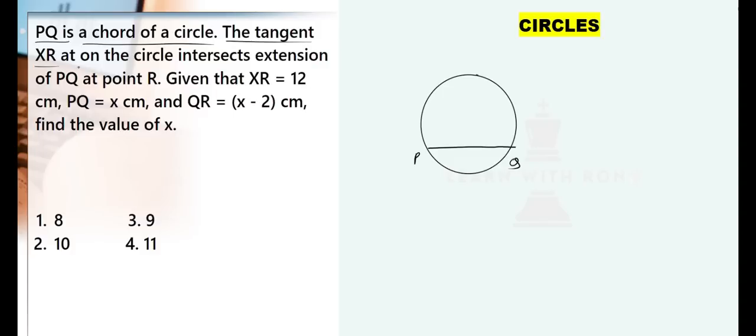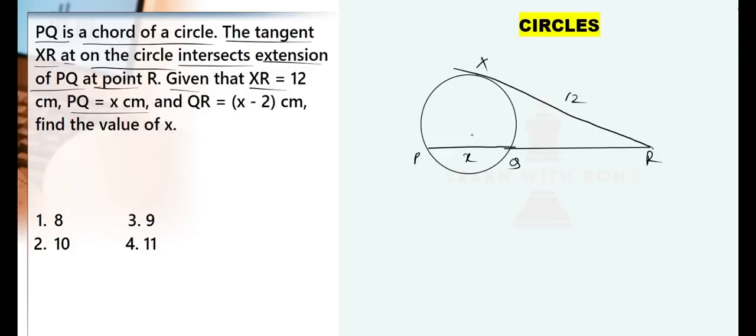There is a tangent XR somewhere on the circle, which intersects the extension of PQ at point R. Means if I extend this PQ chord to the point R here, and the tangent XR means, from the circle there is a point X, and this XR tangent will meet at point R. Given that XR is 12 centimeters, PQ is x centimeters and QR is x minus 2 centimeters, they asked us to find the x value.